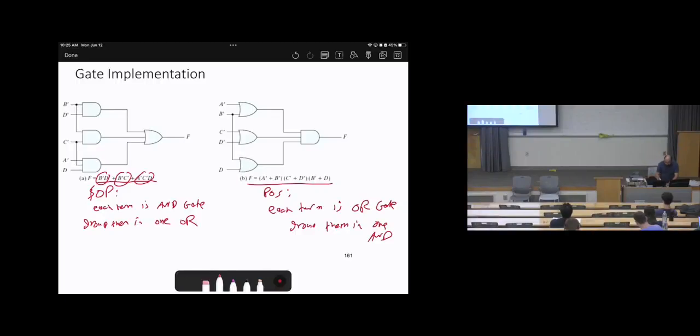So for sum of products, we group ones. For product of sums, we group zeros, then find F bar bar to find the complements, right? That's what we used to do. So that's how we make the gates implementation. You should be aware of how to do it. Again, sum of products most likely will be multiple ANDs, however it includes one OR.